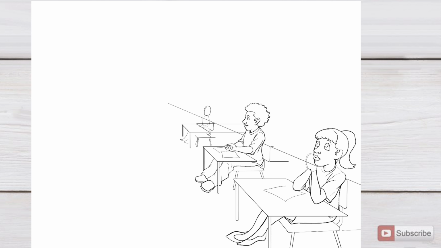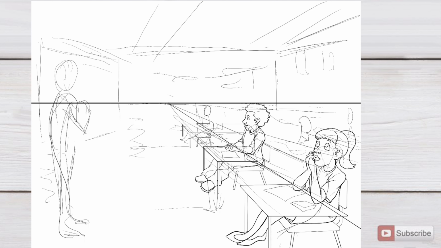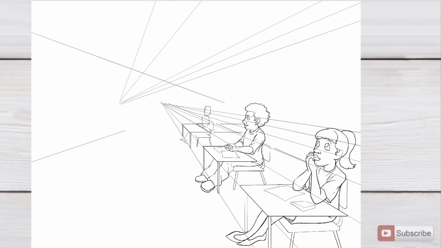And I thought I made that desk just a little too long. You can always edit and erase and tweak stuff, but as long as it's going in that particular direction, and that's what I'm doing here. I'm just tweaking the seats, moving them around, but they're all headed in that same direction of the vanishing point.